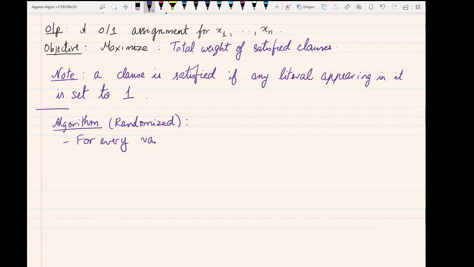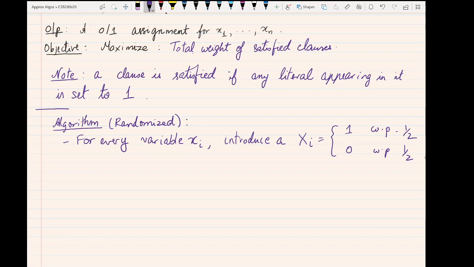For every variable xi, we introduce a coin toss Xi, which is 1 with probability half and 0 with probability half.